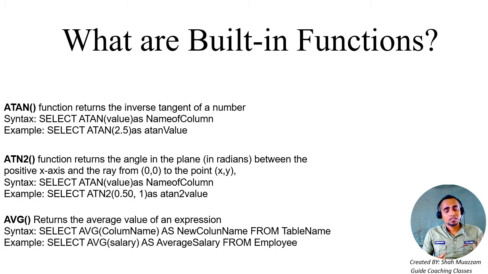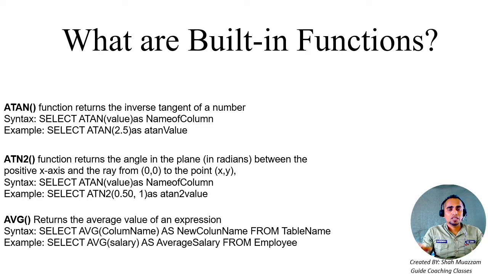Then the third function, which is mostly used, is AVG, that is average. It returns the average value of an expression. So if we have the data of 10 students or 10 employees, and we want to calculate their average salary, we will simply select that particular column from which we want to calculate the average, and give it to the average function.